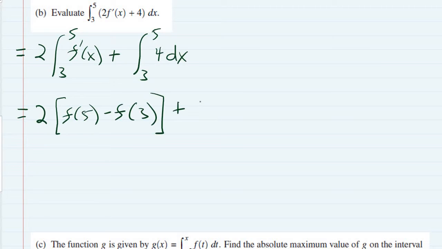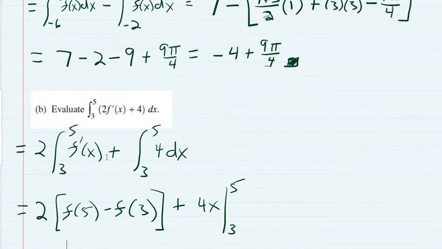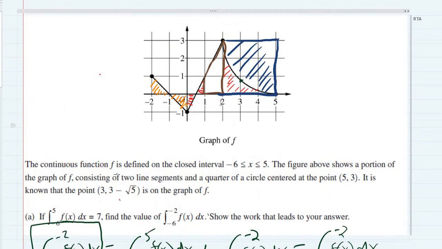And this right here obviously is going to be 4x evaluated from 3 to 5. Okay, so what is this? Let's keep going. 2, well, the function f of 5, I have to come back to the graph and see, well, what is f of 5? Well, f of 5 is 0 right here.